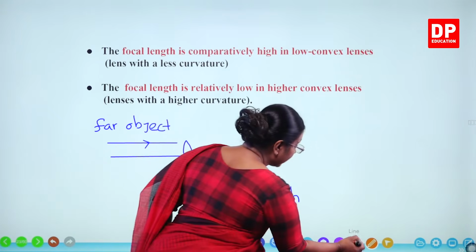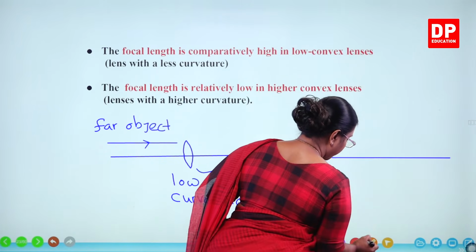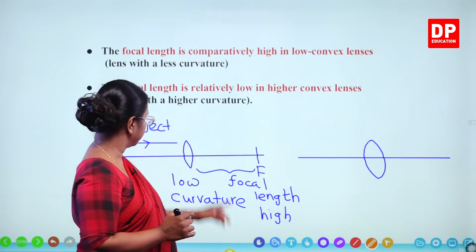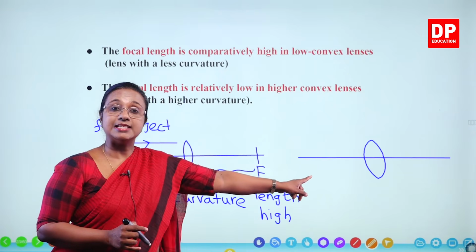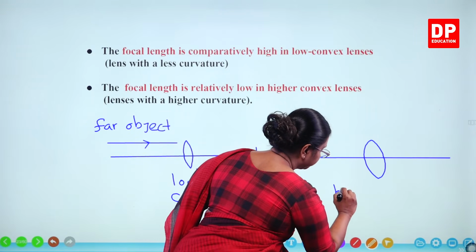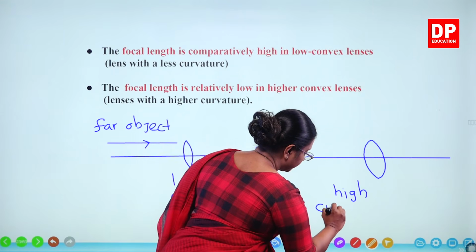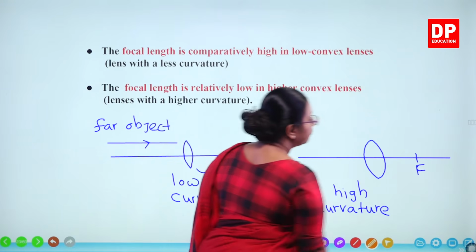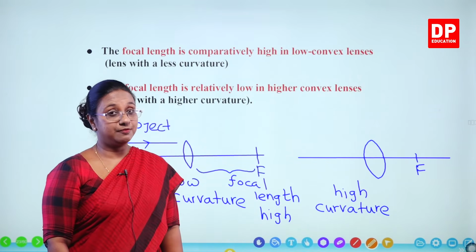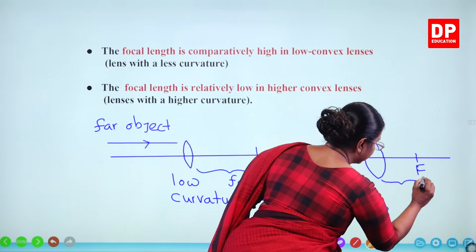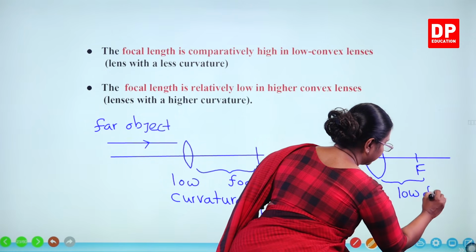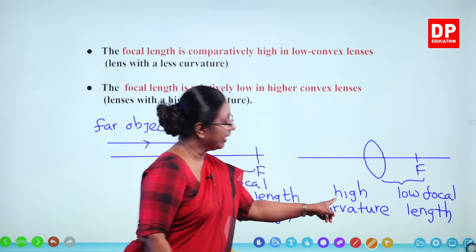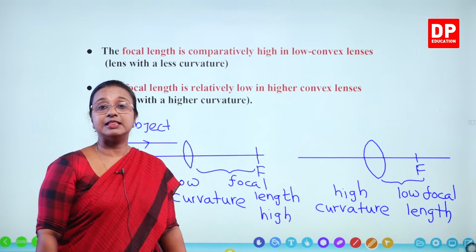So then, the second type, where we have a lens with high curvature. Now, compared to this, you can see that lens has a high curvature. Then the focal point, what I mark as F, is the focal point. And here, low focal length. When the curvature is high, focal length is less.